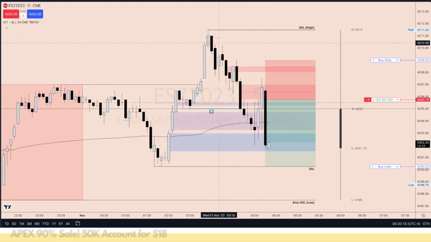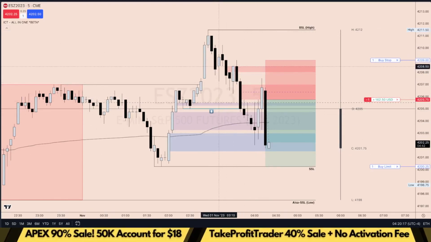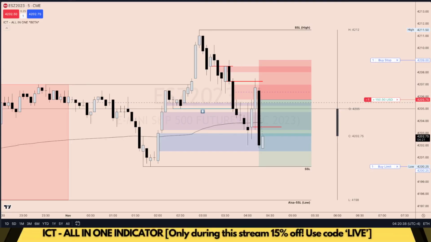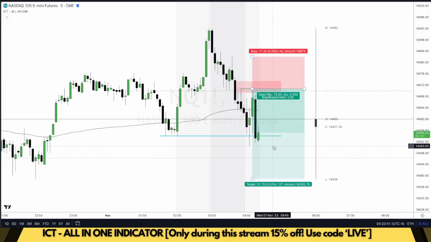Up closing candles within a downtrend act as order blocks. Up closing candle, we reprice into it, we continue lower. Up closing candle, we reprice into it, we reject. And we would like to see the same of this order block right here, to continue at least into that sell side liquidity for ES to catch up with NQ.